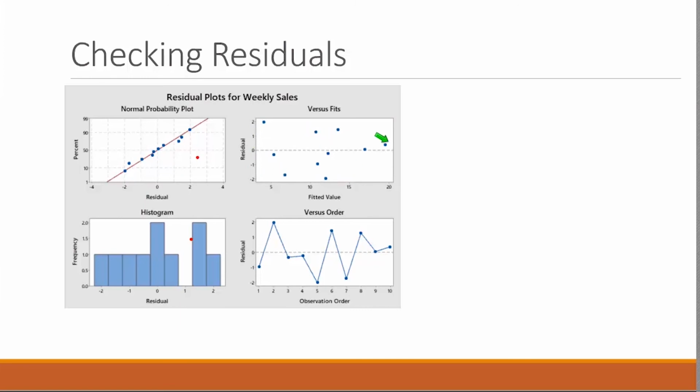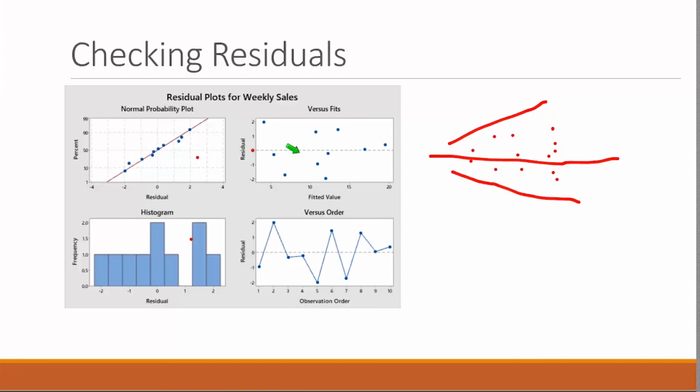Okay, so again, just to remind you, we say this condition is violated when we see a fan-shaped residual plot like these, and this is the line in the middle that represents the same line right there. Then we say the condition is violated.